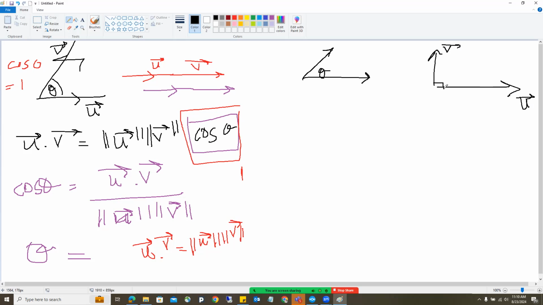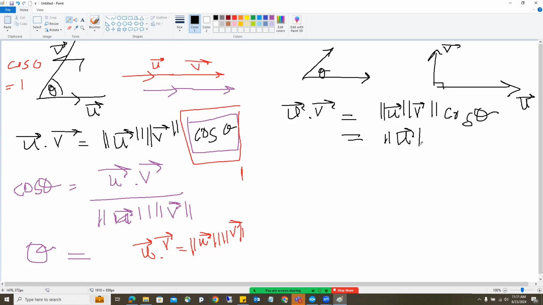Now the angle is 90 degrees, which means u dot v equals, I'm using the same equation. For a general theta angle, the equation is u dot v equals modulus u into modulus v into cos theta. Now theta is 90 degrees.